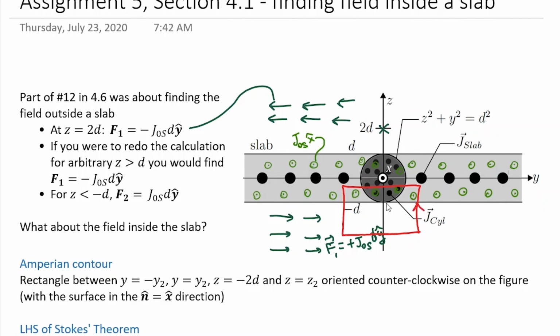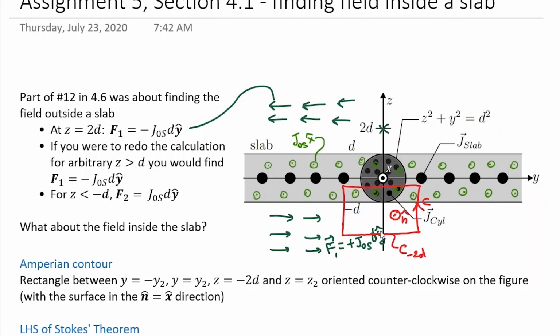Let's orient the contour this way, and by the right-hand rule n hat is this way. Let's make this side at negative d, since that's where we found the field before. Well, we found it here, but it's symmetric.